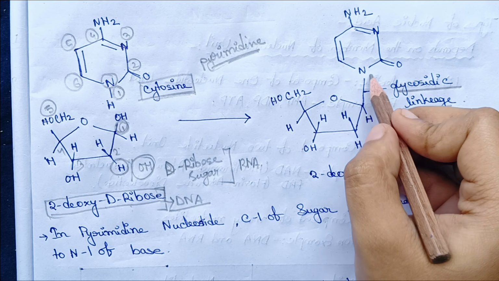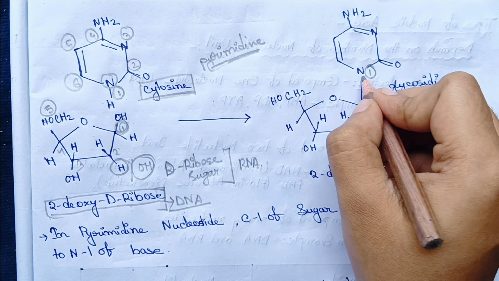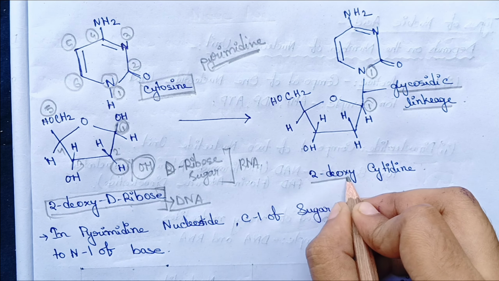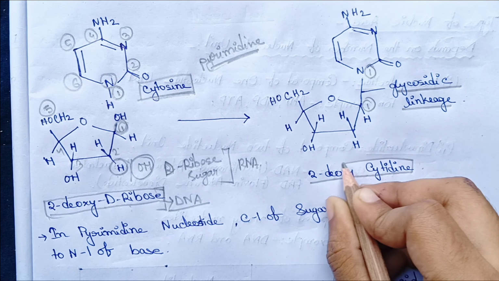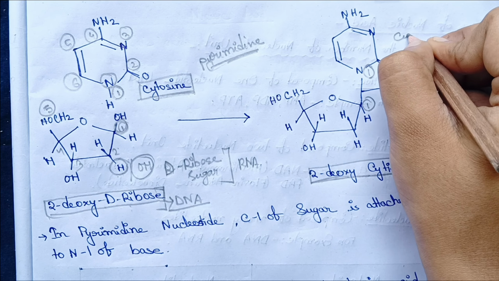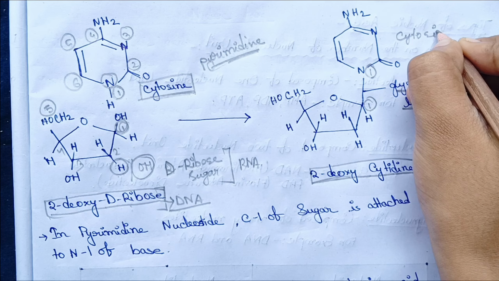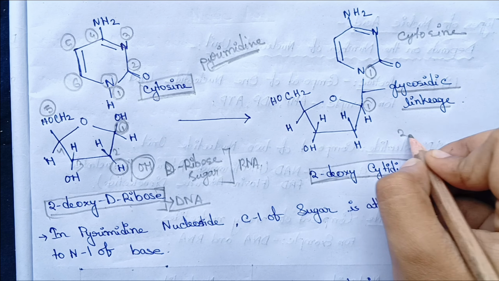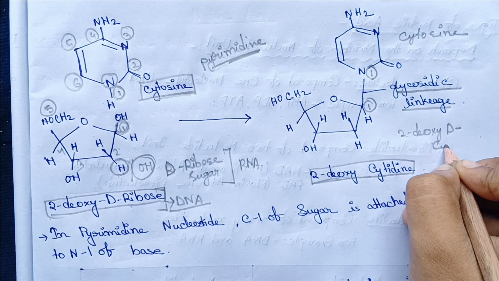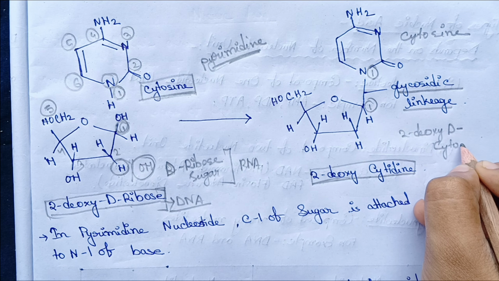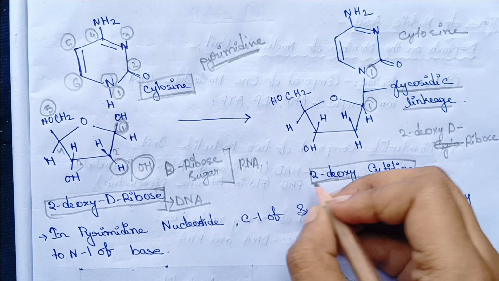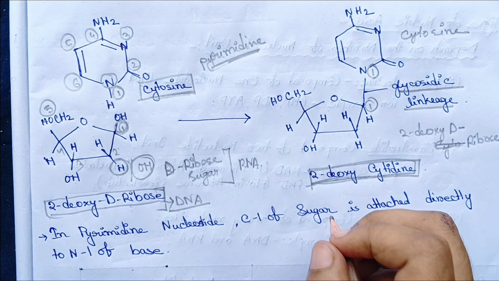You can see that nitrogen number one can attach with carbon number one. So it forms 2-deoxycytidine. When cytosine is attached with 2-deoxy-D-ribose, they form 2-deoxycytidine.